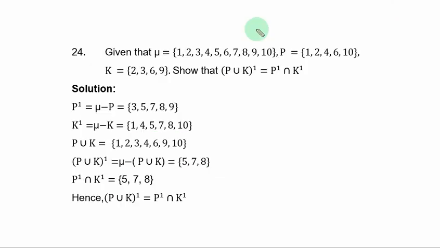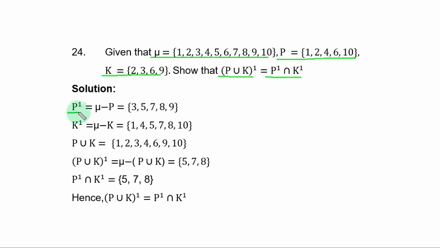Example 24. Given that the universal set is equal to this, the elements are from 1 to 10, set P equal to this, set K is equal to this, you are asked to show that the complement of P union K is equal to P complement intersection K complement. Solution. We need to get P complement and K complement.